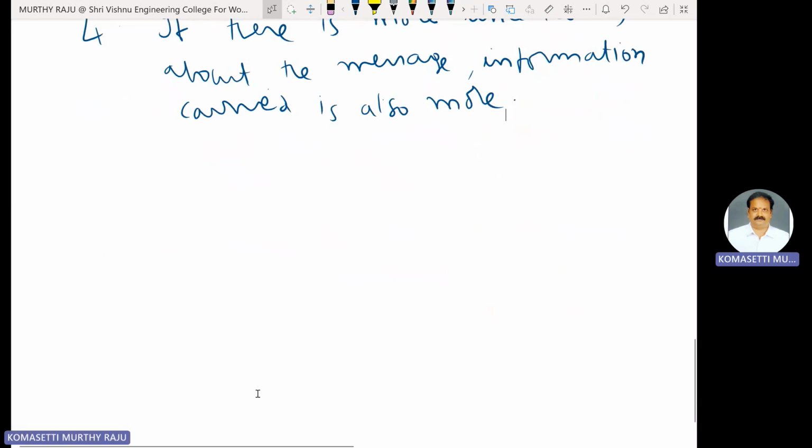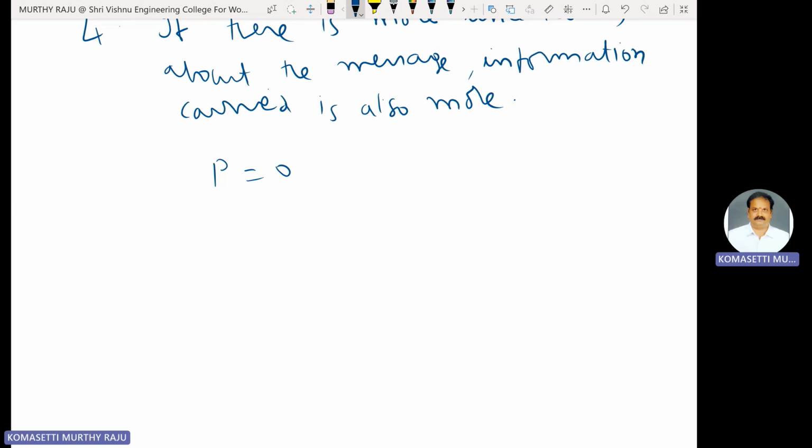For uncertainty messages, the probability of occurrence is very less. Uncertainty means not clear, some doubt is there. Examples are sudden earthquakes, tsunamis like that. The probability of occurrence is very less. That means P is equal to 0.